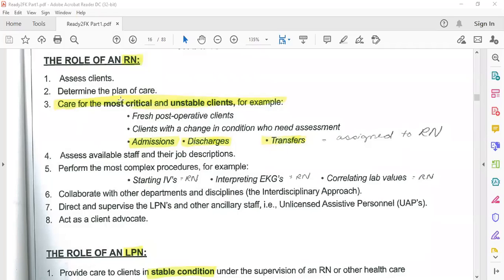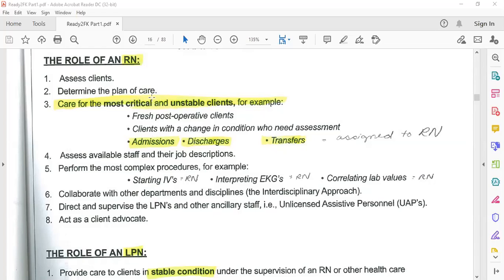Every step of the nursing process will be done by the RN: assessment or diagnosis, planning of care, intervention, even evaluation, always done by the RN, right?